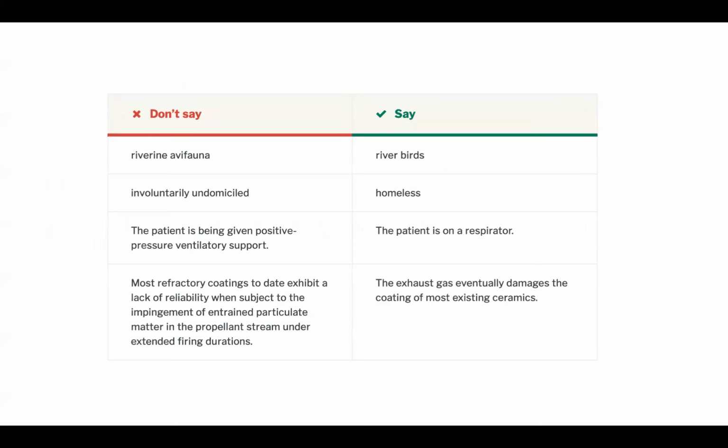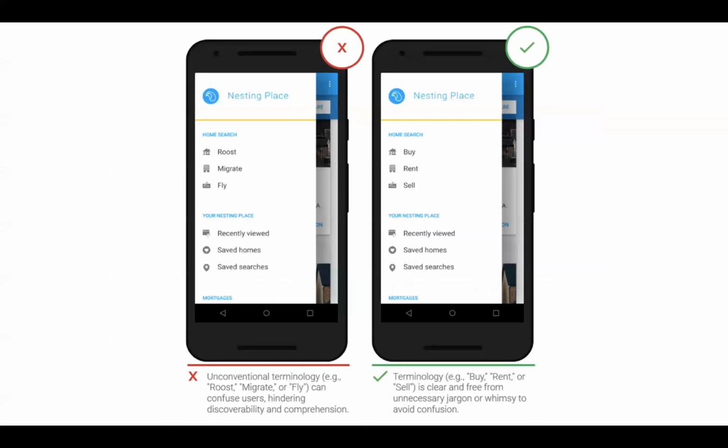You can see an example here where they're trying to not use jargon and keep it very familiar. This is an example from an app where you can go through and buy, rent, or sell your house. But looking at the left one, migrate and fly.